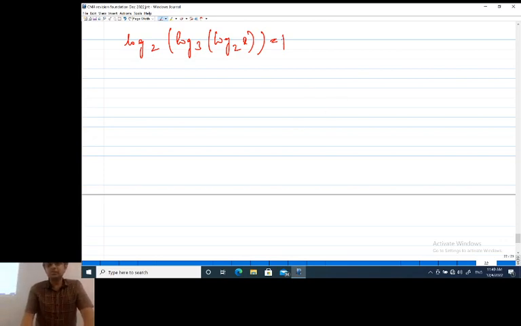The problem is, the full portion has to become 2. Only then log of 2 base 2 will be 1. Agree? So I can rewrite this as log of 3 of log of 2 base x, equal to 2.